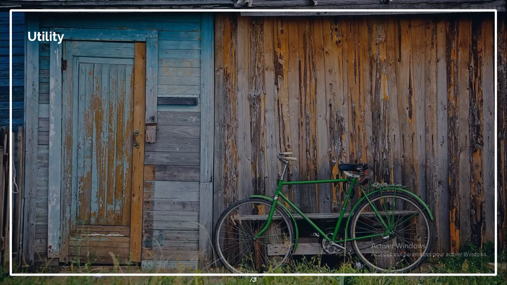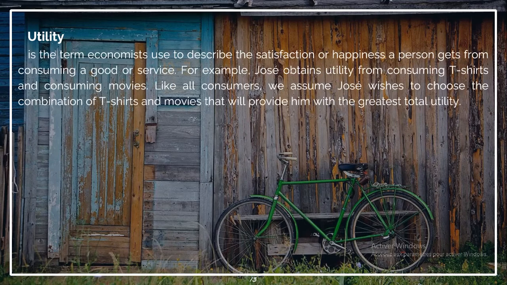Now, the last term in our course is utility. Utility is the term economists use to describe the satisfaction or happiness a person gets from consuming a good or service. For example, Jose obtains utility from consuming t-shirts and consuming movies.